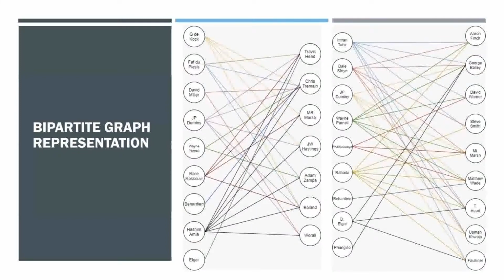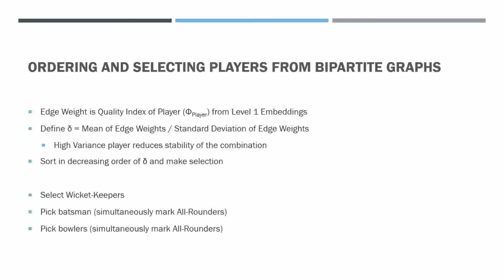So once we have all this, we define the following metric delta, that is the mean of edge weights divided by the standard deviation of the edge weights. The main purpose for this was that we must not include a high variance player as it reduces the stability of the final team combination.